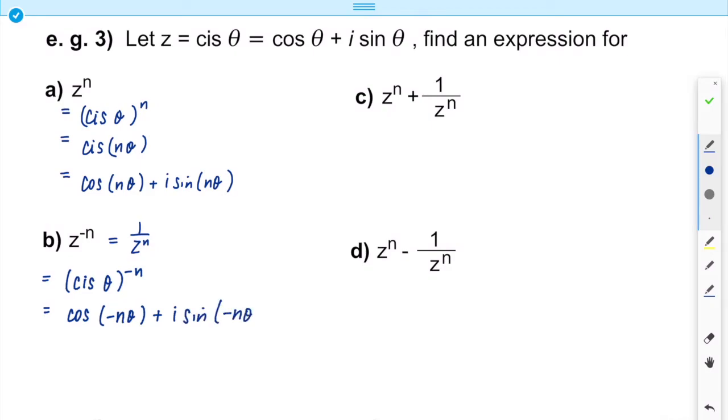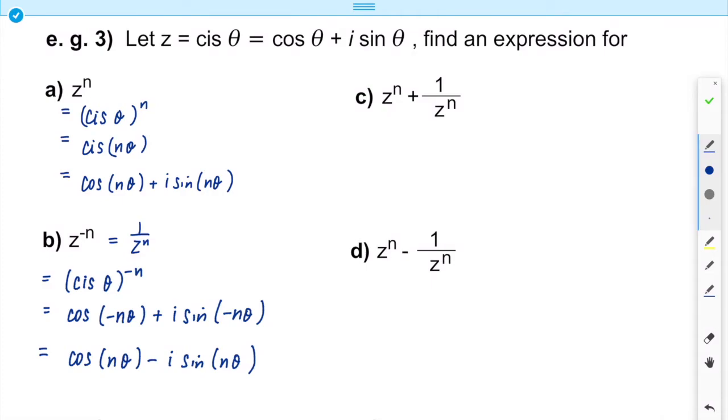But you may notice that cosine negative n theta is equivalent to cosine n theta, while sine n theta and sine minus n theta have a negative relationship. So this is negative i sine positive n theta. Okay, so that's using trig identities.